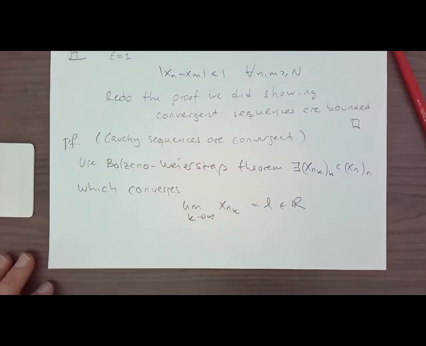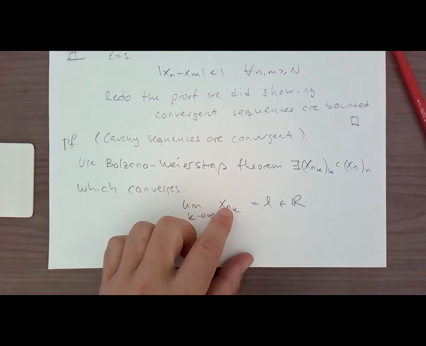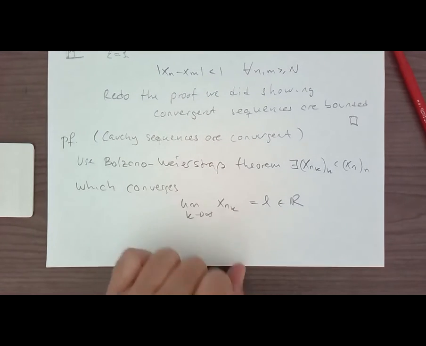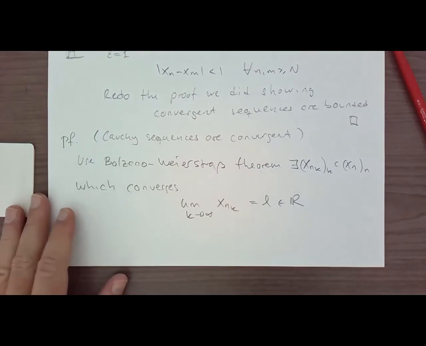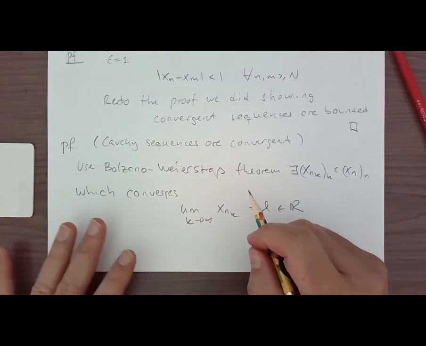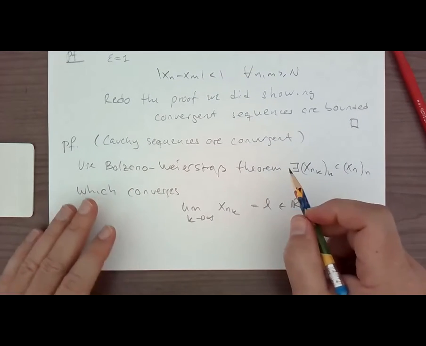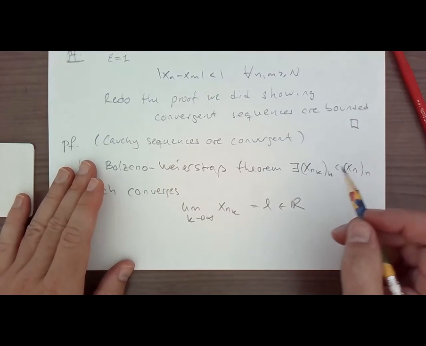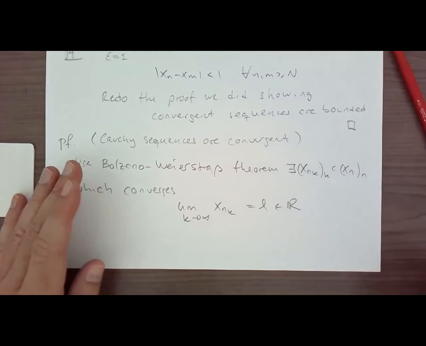Ultimately, you'll be able to extract a convergent subsequence. The Bolzano-Weierstrass theorem doesn't say anything about the original sequence.